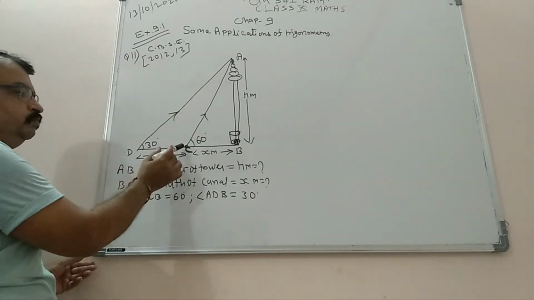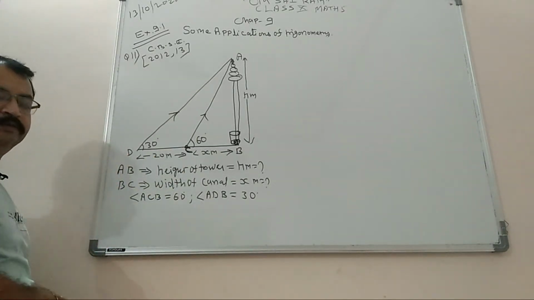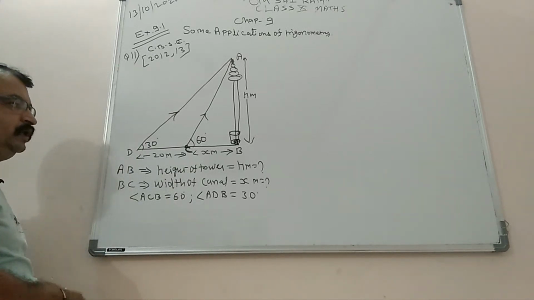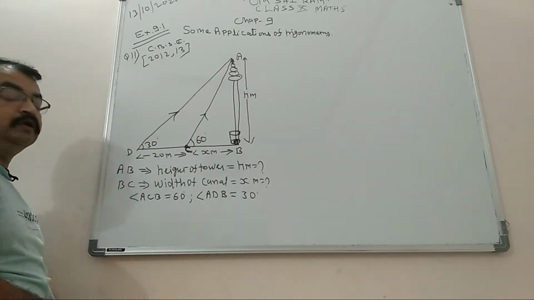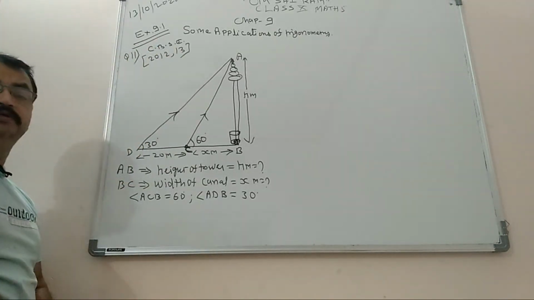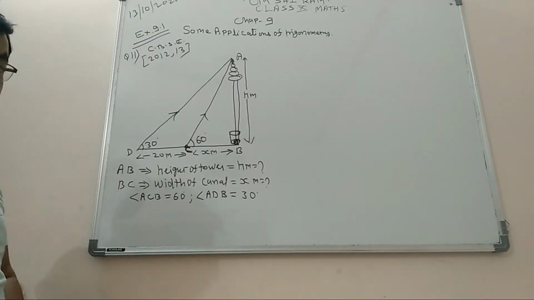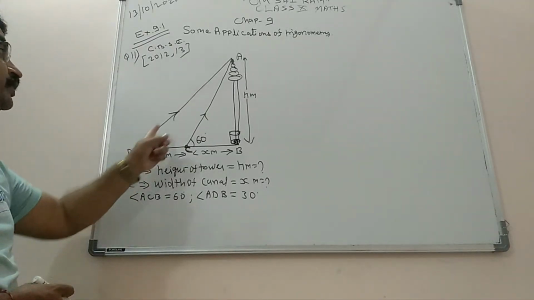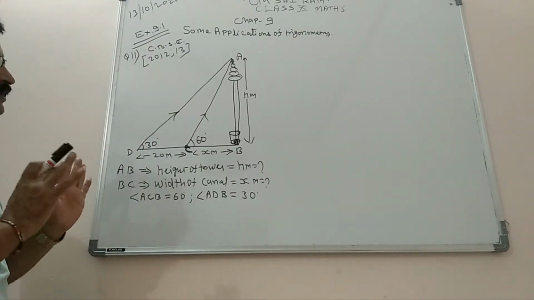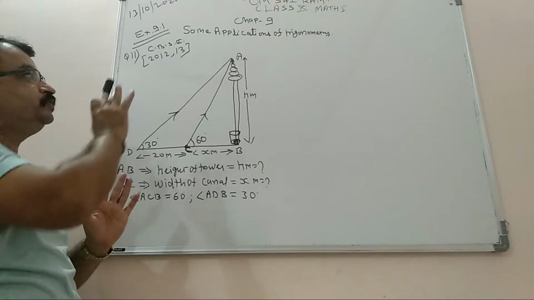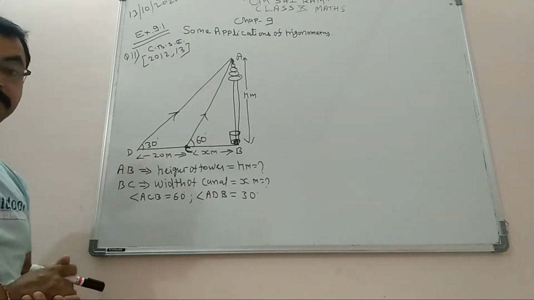So he moved away from the point C, from the bank of the canal, and comes to the point D. Then he again observed the top of the tower. Now he can clearly see the top of the tower when he makes an elevation of 30 degrees. So now the observer is satisfied to see the position of the top of the tower.